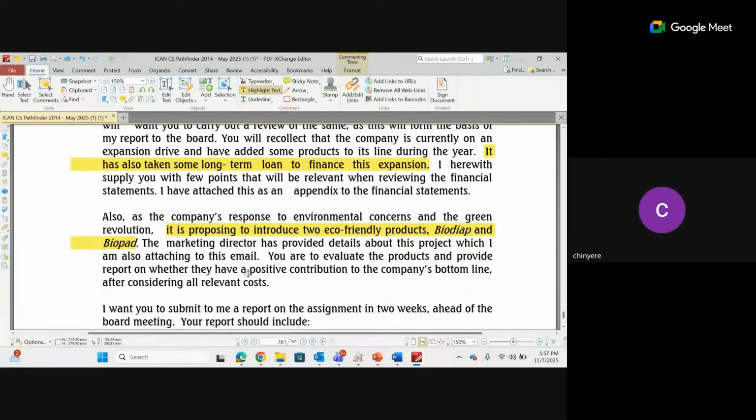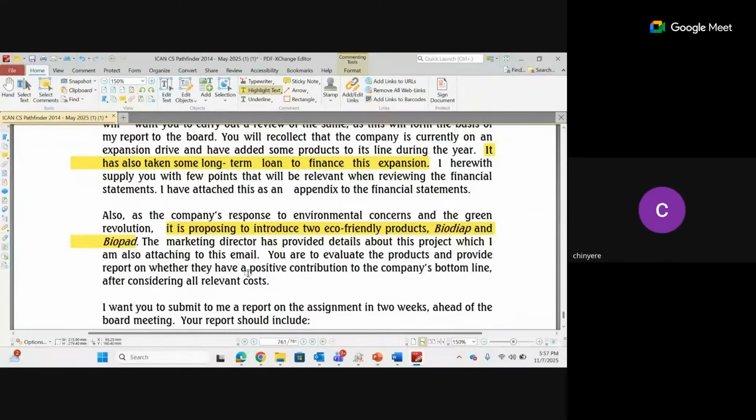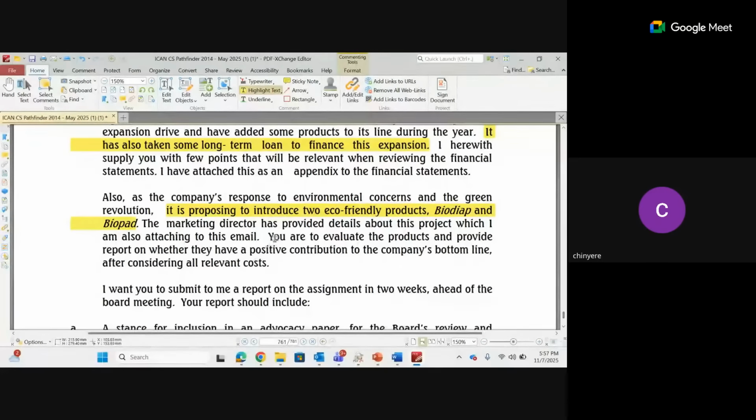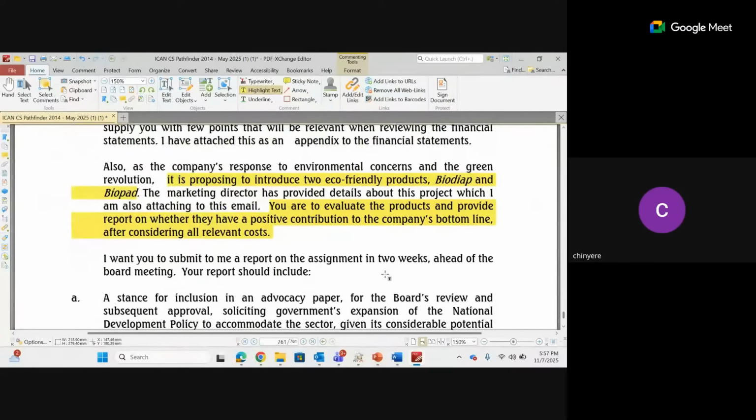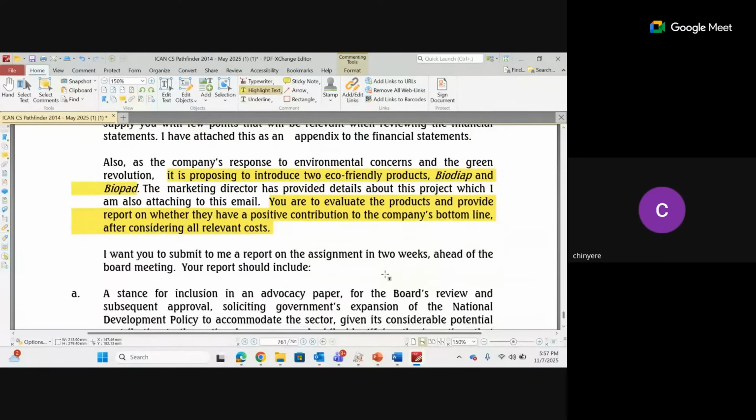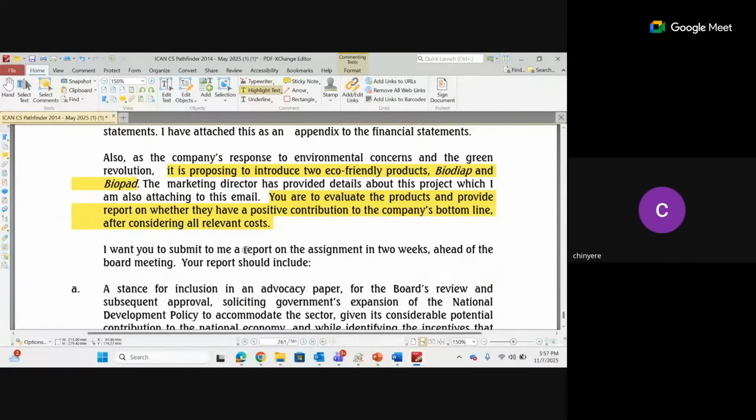The marketing director has provided details about this project, which I am also attaching to this email. You are to evaluate the products and provide reports on whether they have a positive contribution to the company's bottom line after considering all relevant costs. I want you to submit to me a report on the assignment in 2 weeks ahead of the board meeting.